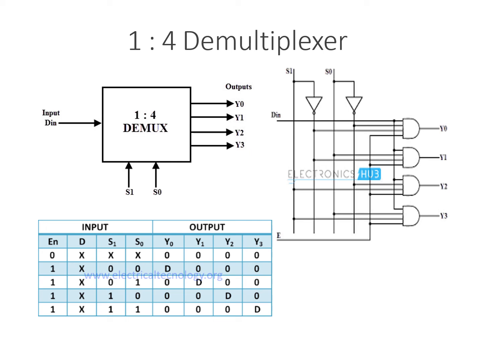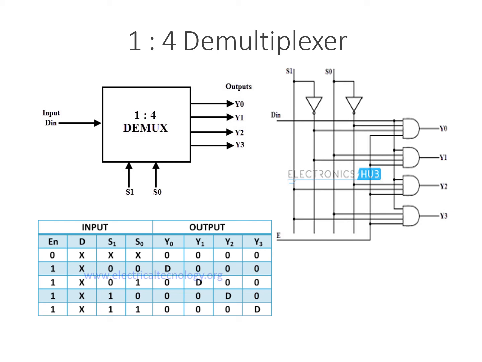So accordingly, when enable is high, data input is X and the select line is 0,1, Y1 is connected, or we are going to get the output at Y1.